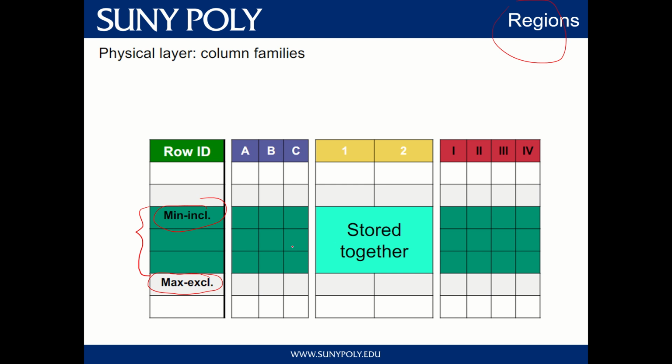We're going to try to keep that region together, right? So these rows and all the columns in these three rows are going to be included. Please notice that the minimum value here is included, but the maximum value is excluded. This row ID is excluded because this is the minimum of the next region.